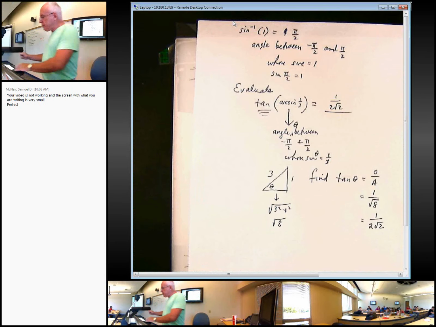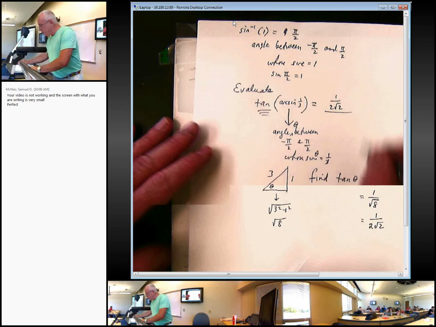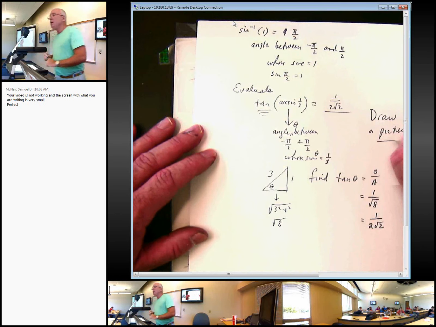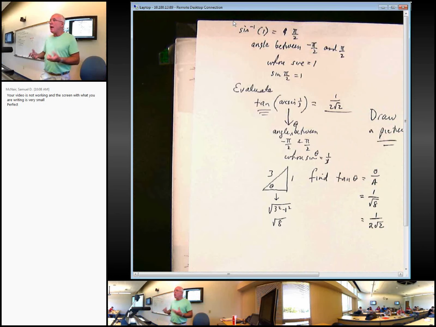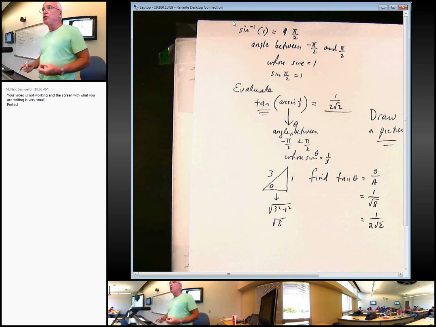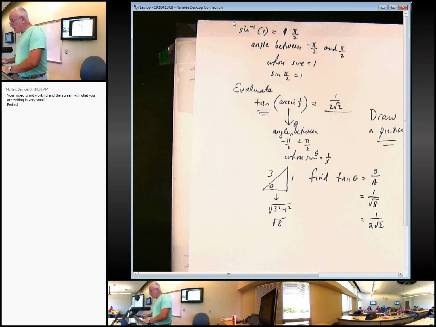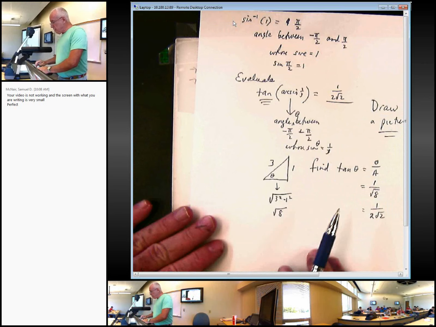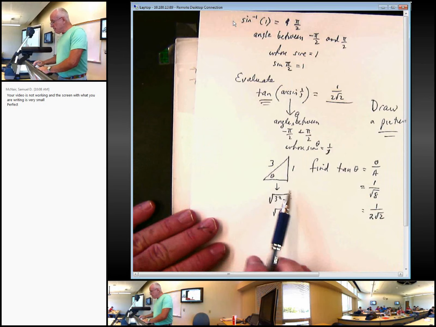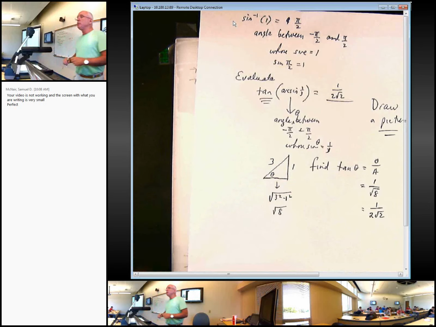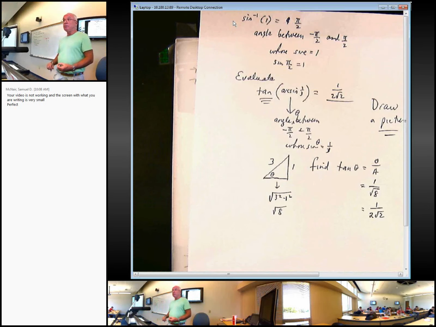Okay, in this case, we had to draw a picture. And frequently, you have to draw a little triangle picture for some of these problems, okay? So everybody figure out this is by drawing this picture, this angle has a sine of 1/3. Drew the picture, I was able to figure out its tangent, okay?